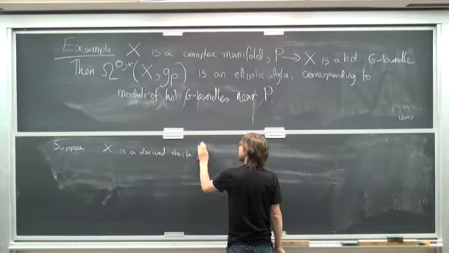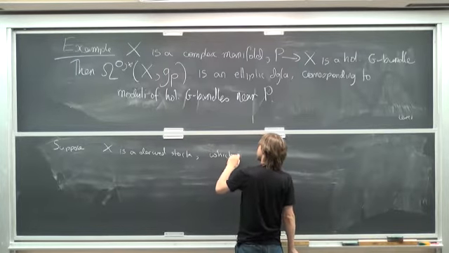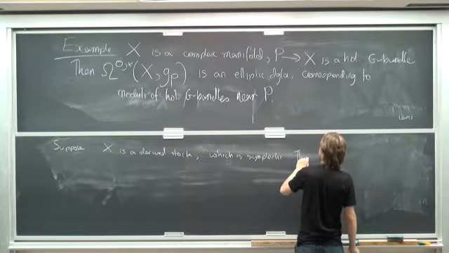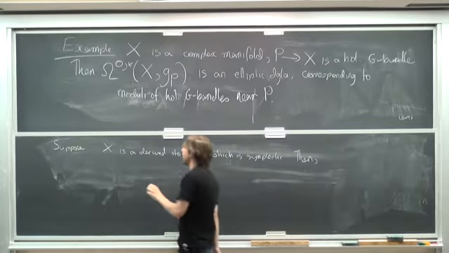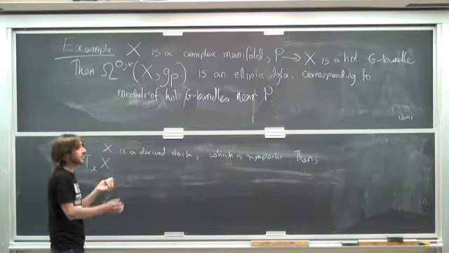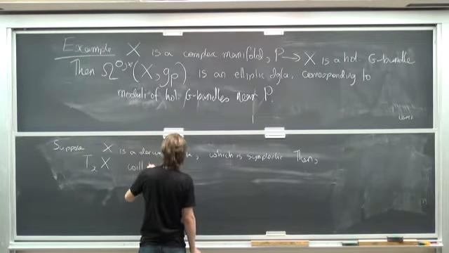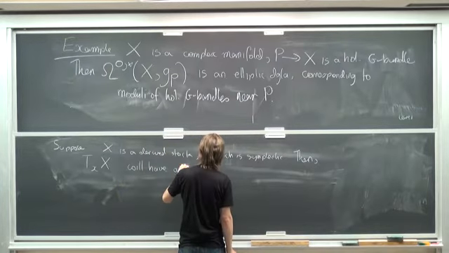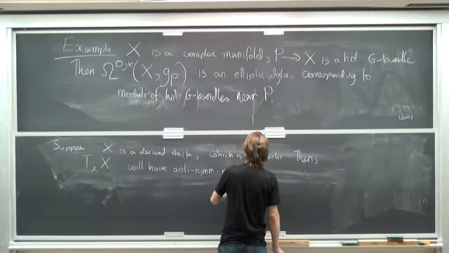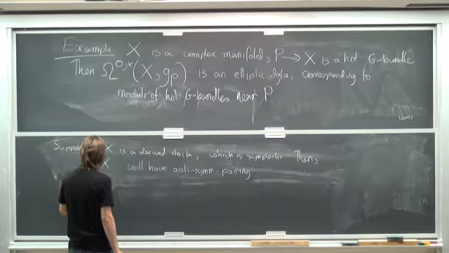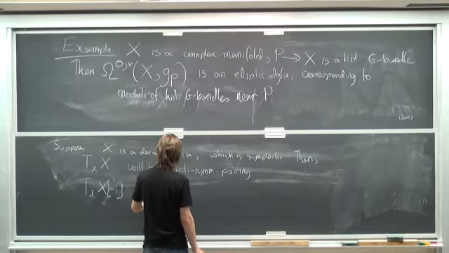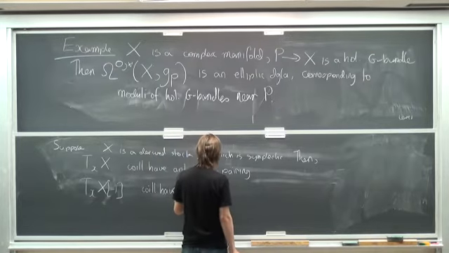Suppose that X is a derived stack which is symplectic, whatever that means. Then the tangent space at X will have an antisymmetric pairing, so that the shifted tangent space will have a symmetric pairing.